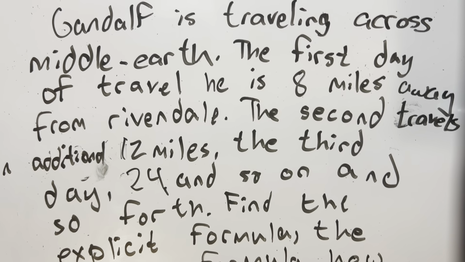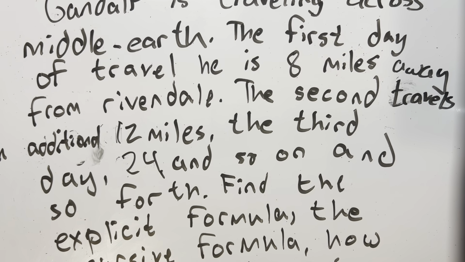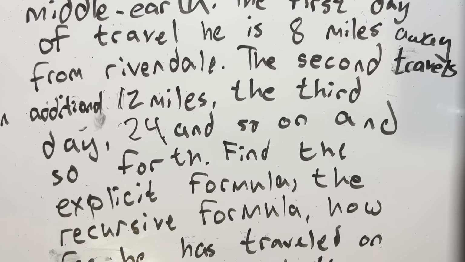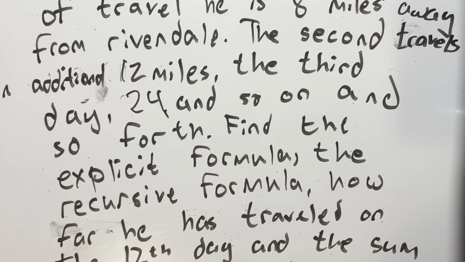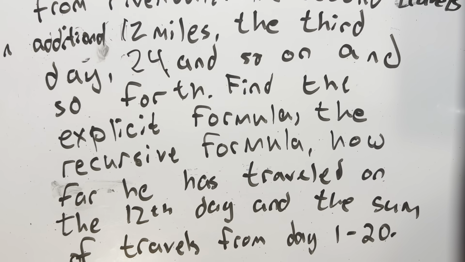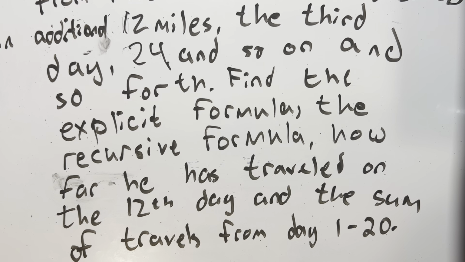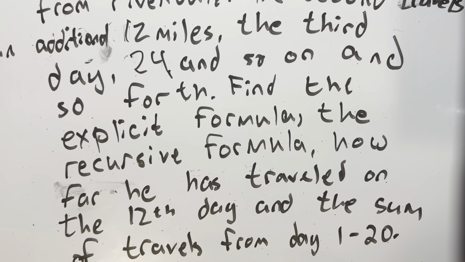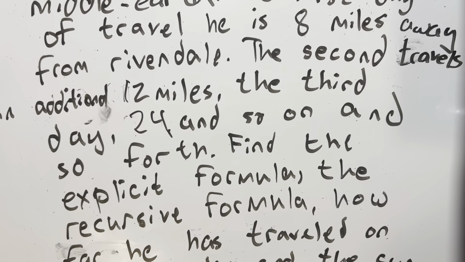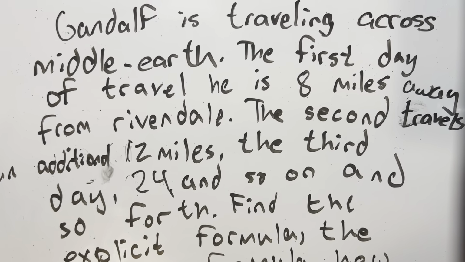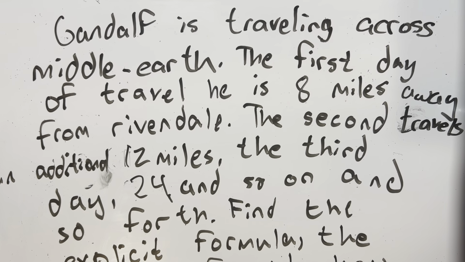So now the problem is asking to find the explicit formula, the recursive formula, how much he has traveled on the 12th day, and the sum of travels from day 1 through 20, right? Sum of travels, like how many miles he has traveled altogether from day 1 to 20. Let's take the tools we have learned to solve this problem.